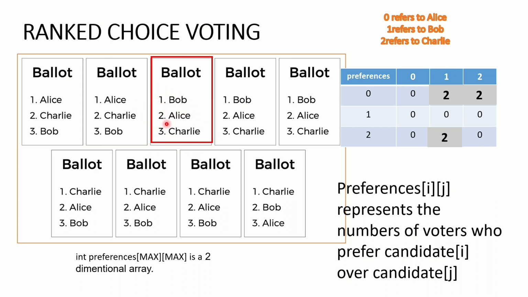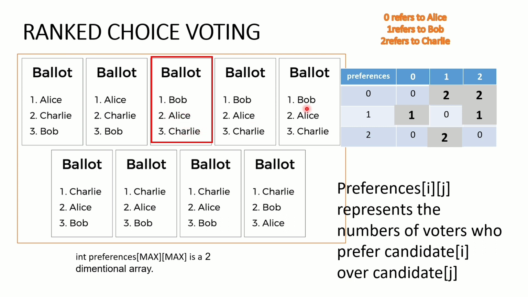So Bob is clearly winning against Alice and Charlie. So 1 is winning over 0 and 2. 1 over 0, this value will increment, and 1 over 2, this value will also increment. And let's talk about the second and third rank, Alice and Charlie.